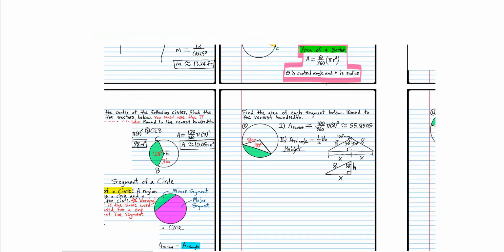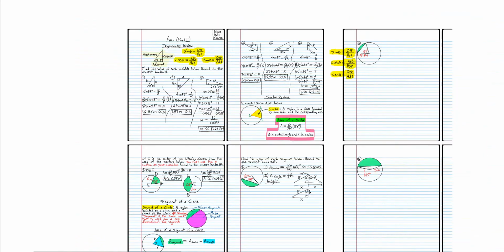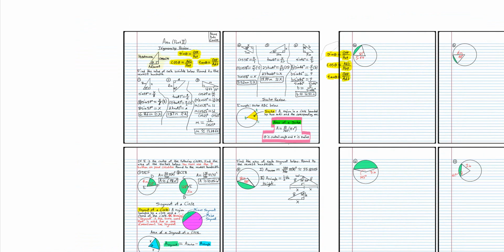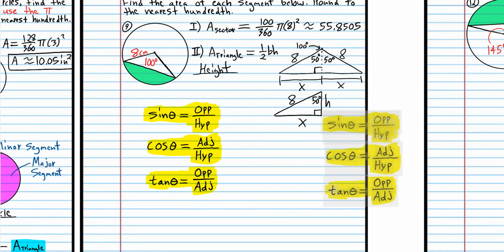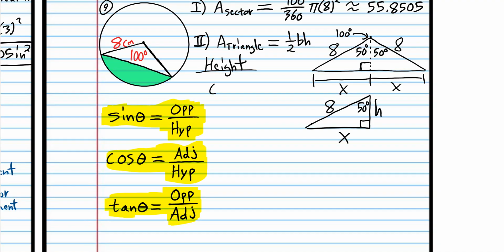So h is the adjacent side, and we have the hypotenuse. So the adjacent side and the hypotenuse, that you can see is going to be cosine here. So cosine 50 degrees is equal to the adjacent side over the hypotenuse.